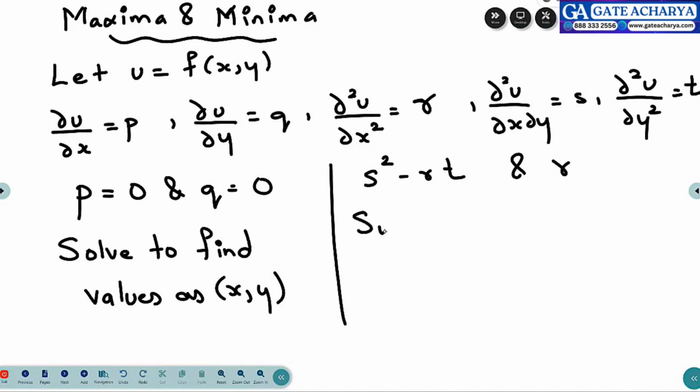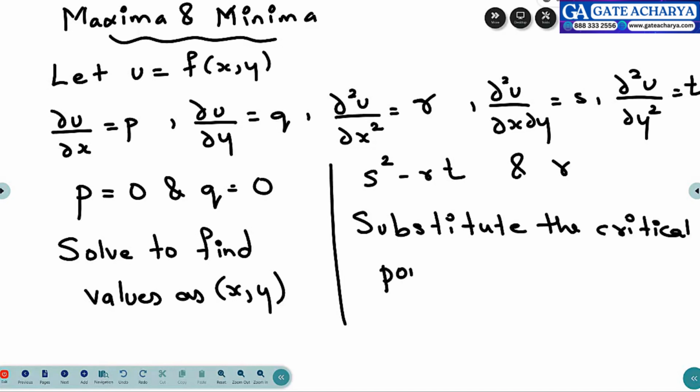And then what? Substitute the critical points. Okay, so this much is the procedure.